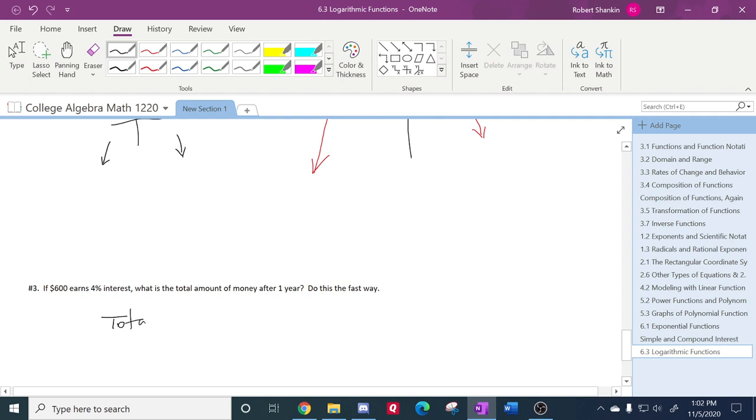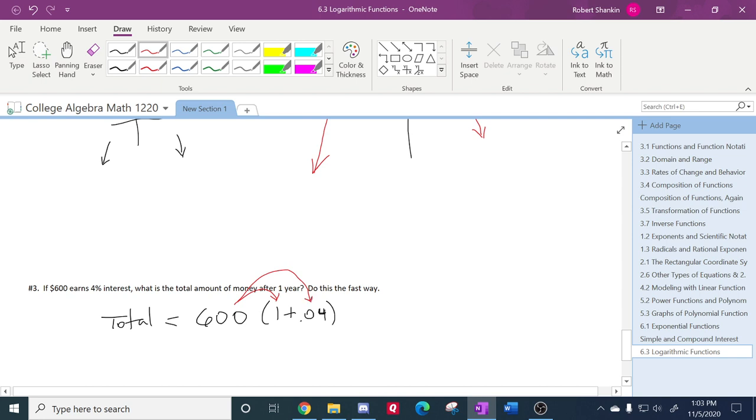All right, the total amount is going to be, in one step, 1 plus 0.04. Now, I don't have to put the plus sign, I can do 1.04. The idea is that when you distribute this to this, it gives you your principal back.